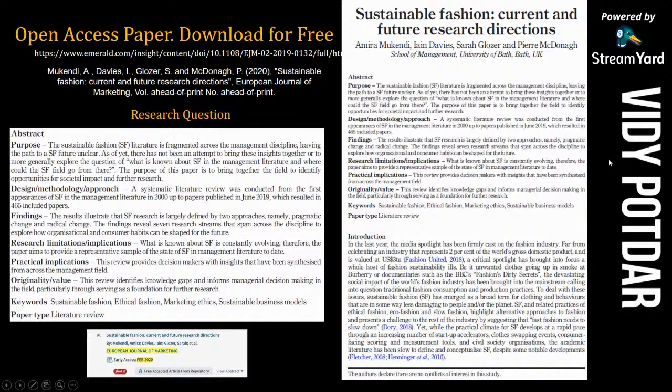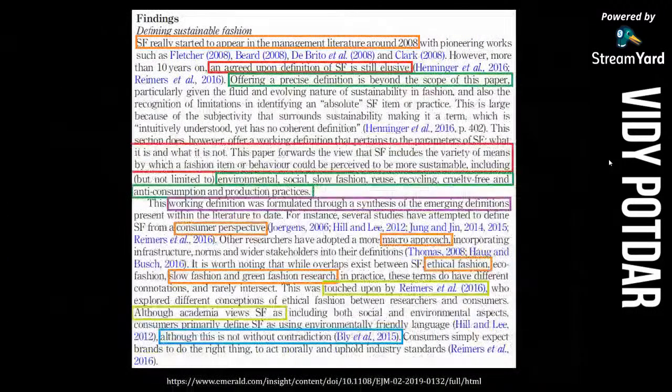So in today's session, we will look at how they have written their findings section, how they have synthesized their literature, and how you can see how this section is written and learn from that.